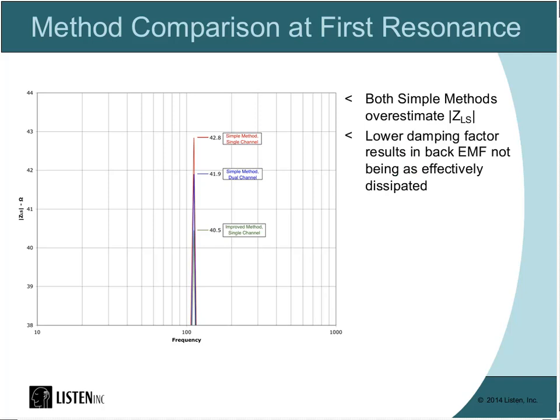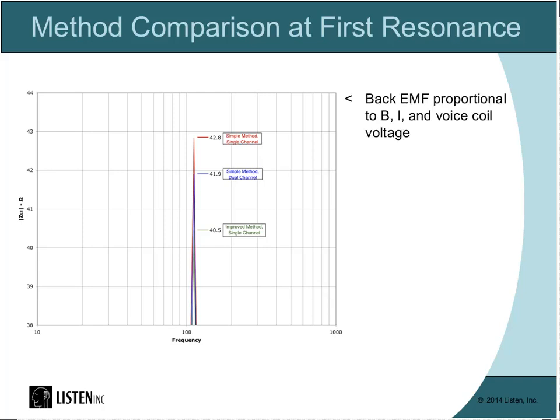And this is probably due to the lower damping factor as a result of the back EMF from both the speaker and the load. So the back EMF is proportional to BL and voice coil voltage, and is also going to be affected by the complexity of the load.